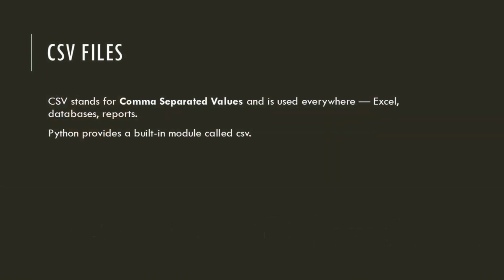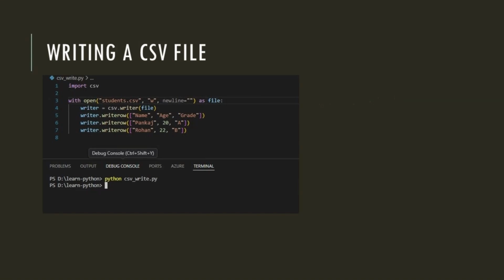CSV stands for comma separated values and is used everywhere: Excel, databases, reports. Python provides a built-in module called csv. For writing a CSV file, we need to import the module and use the functions from within the module.